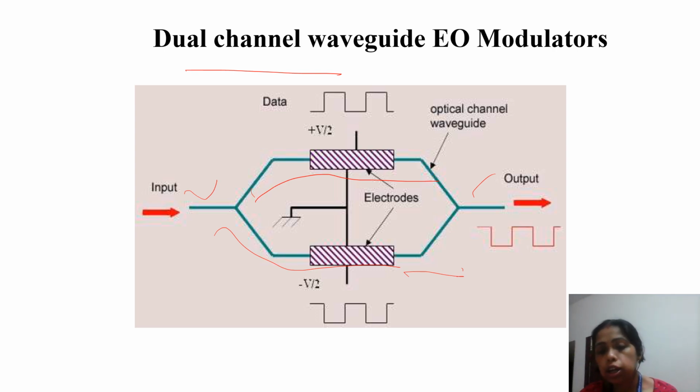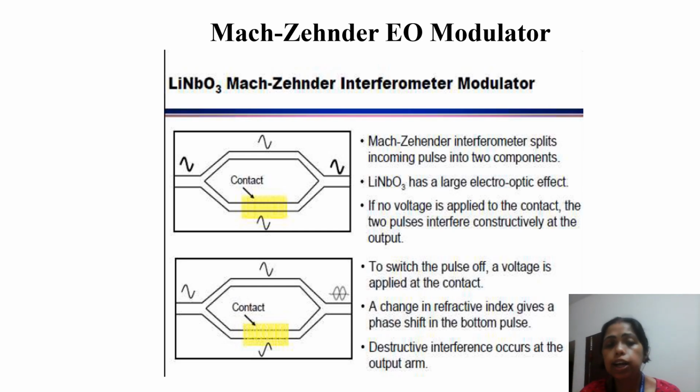In this way, you can get a modified output from the signal. We are giving the electrical signal, and the optical signal is modified. So this is about the dual channel, under which there is an interferometer. Why the name is interferometer, this also I will tell.